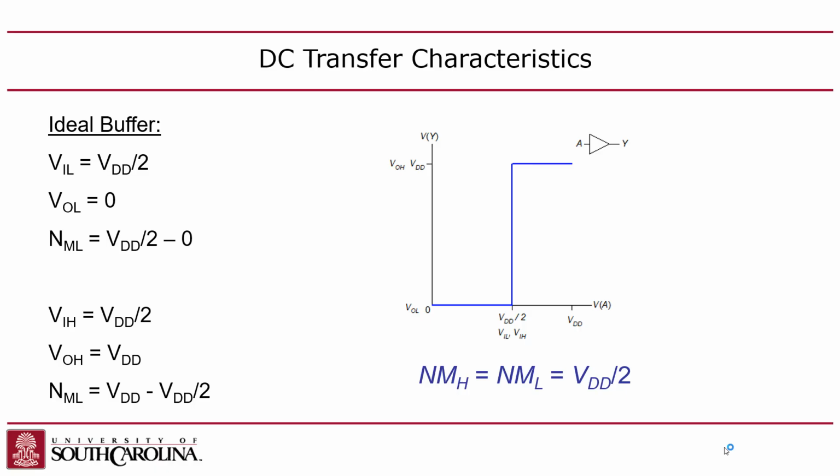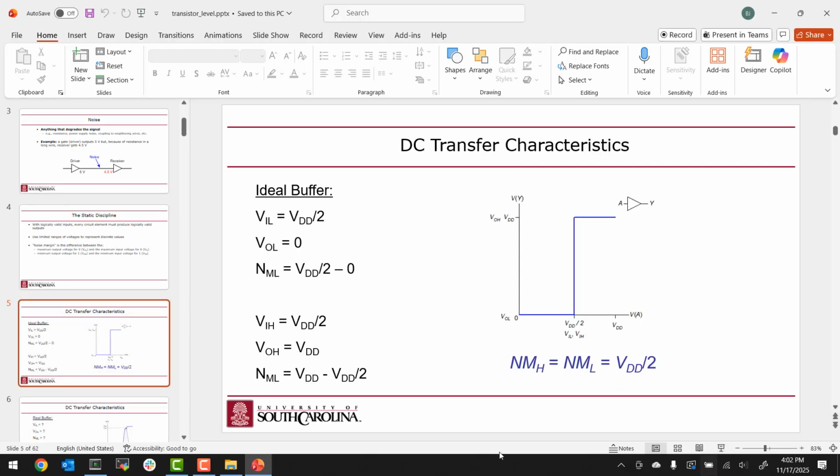Now, one of the things that's a little confusing here is that you'll notice the noise margin for, that's a typo, sorry. There's a typo there. Noise margin, I screwed that up.